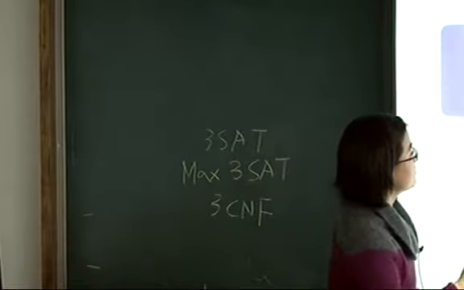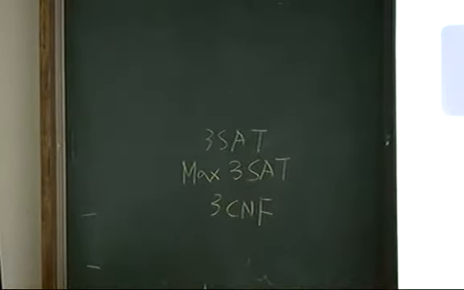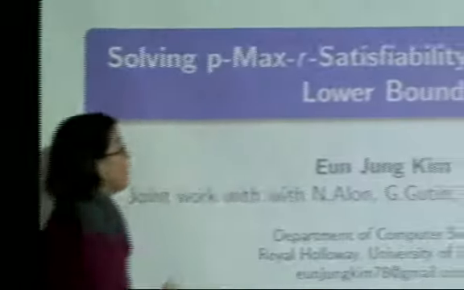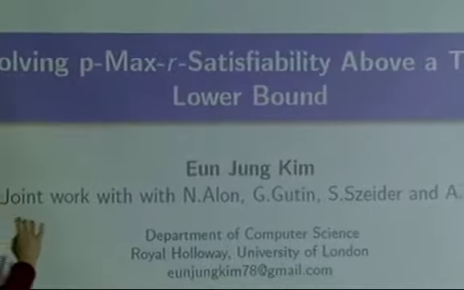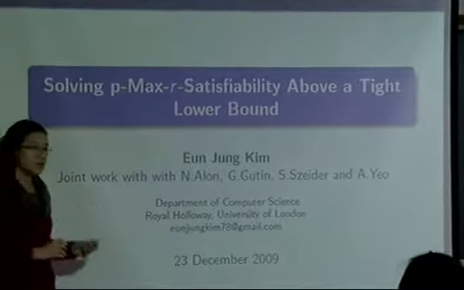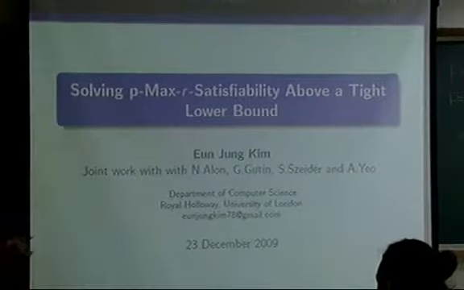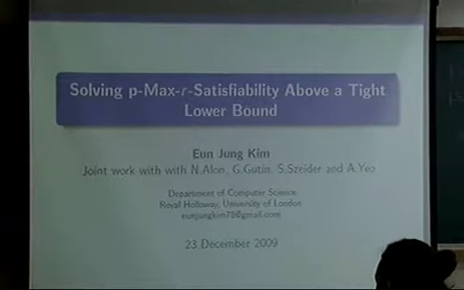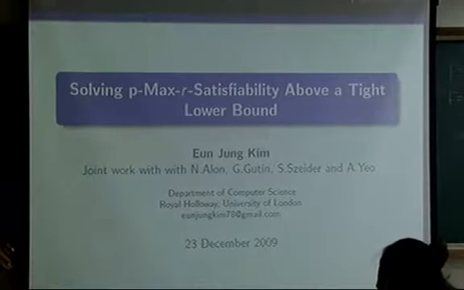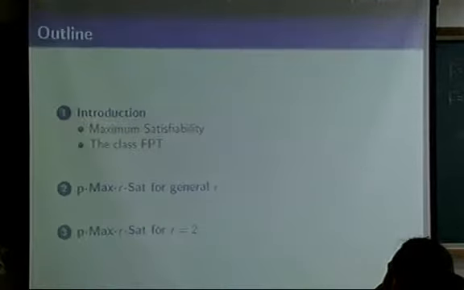So we are interested in the max satisfiability problem, where each clause has at most R literals, and we will study this problem from the parameterized complexity perspective. I'll explain about that later. This is a joint work with these prominent researchers, except for me.